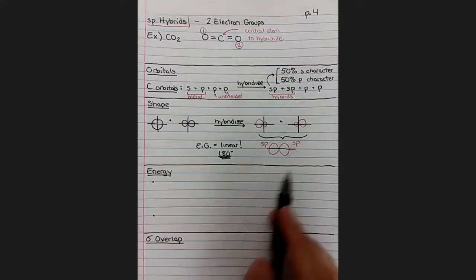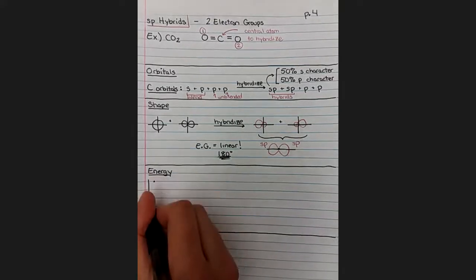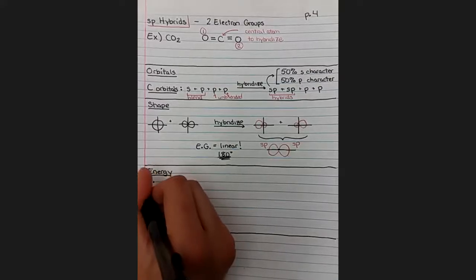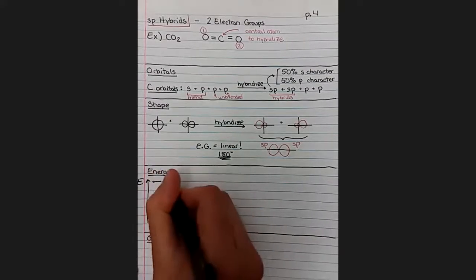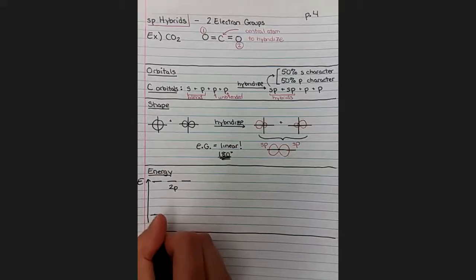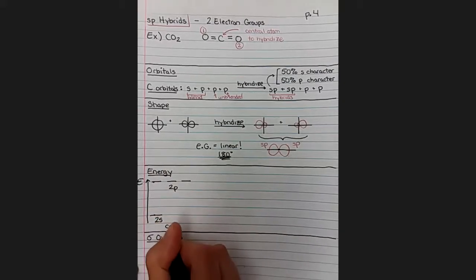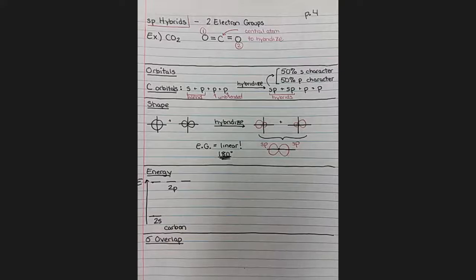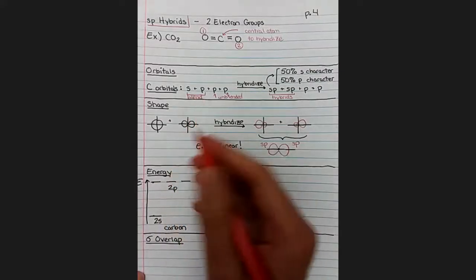Now let's find out if these 2 hybrid orbitals have the same energy. So we'll start out with our 3 2p orbitals and our 1 2s orbital for carbon. We're only going to blend 2 of them together, only 1 s and 1 p.